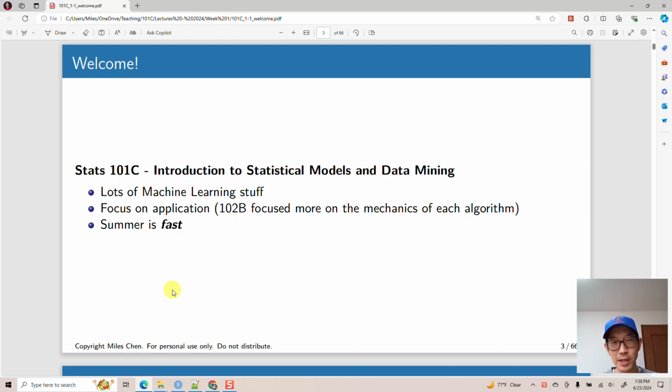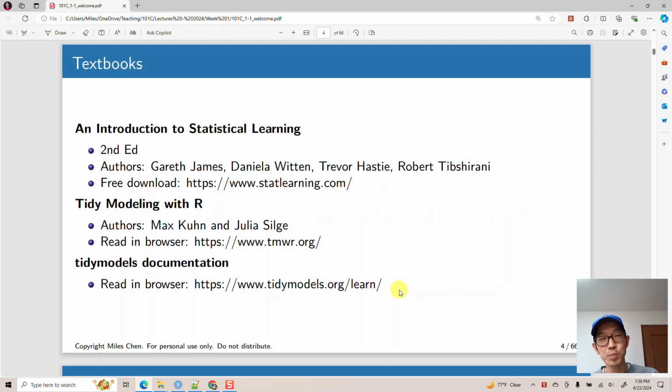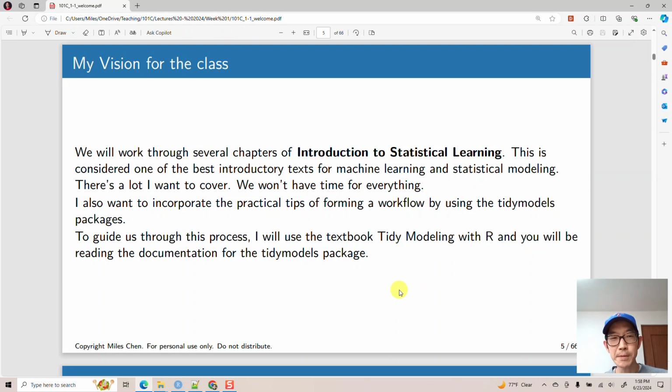My vision for the class is that we are going to cover machine learning stuff, and then we are going to focus on application. And so I have these kind of big group projects planned, and that's going to be the bulk of your course grade.